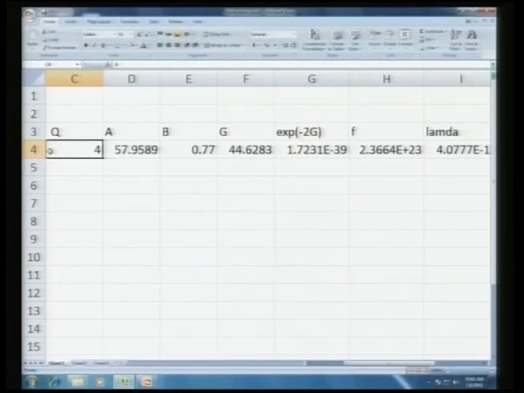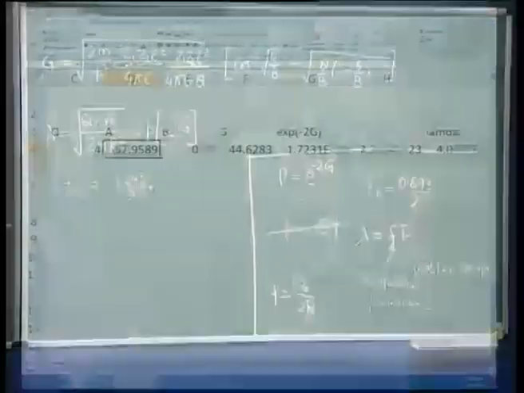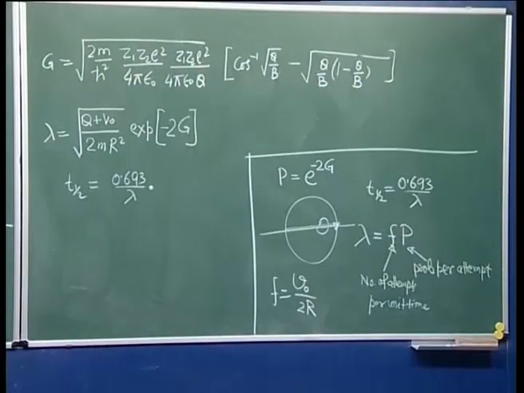Now, the next cell, 57.95, is in fact Z1 Z2 e square by 4 pi epsilon naught, and square root of 2 m by h cross square, and then Q in the denominator.